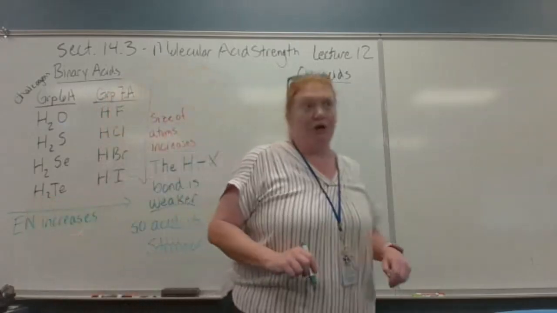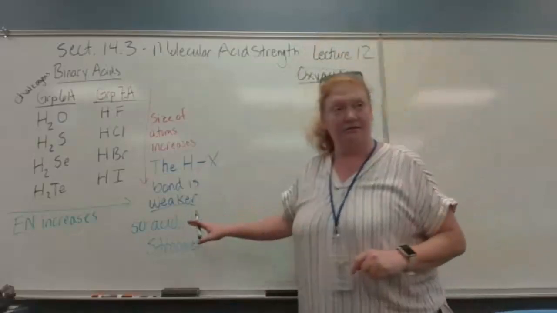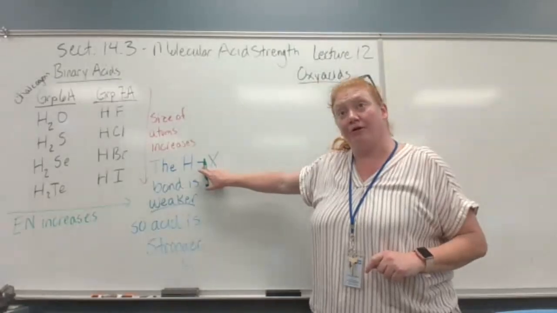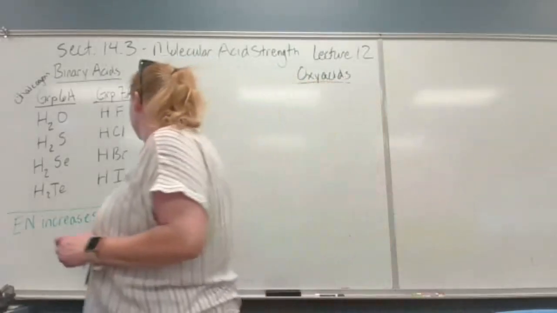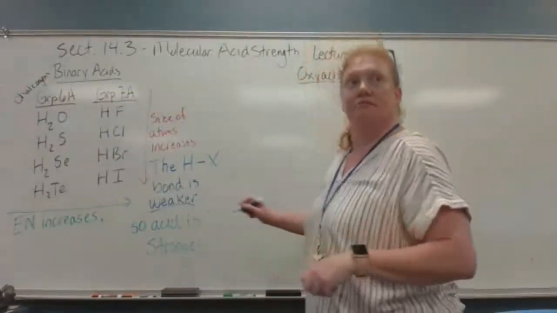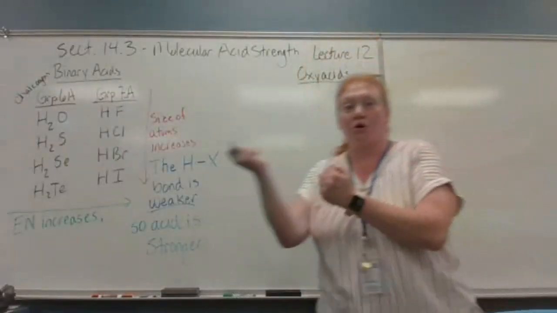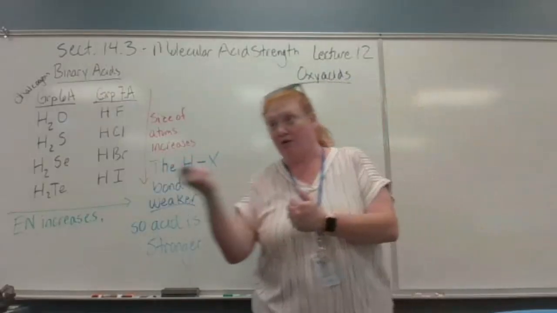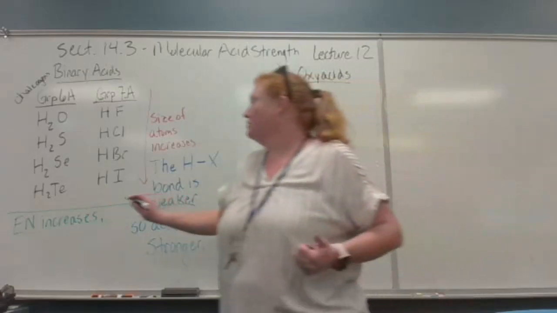So when that is happening, what that means is, again, this bond is getting weaker. When that electronegativity increases, we get more polar, right? More pull in one way or the other, yes?